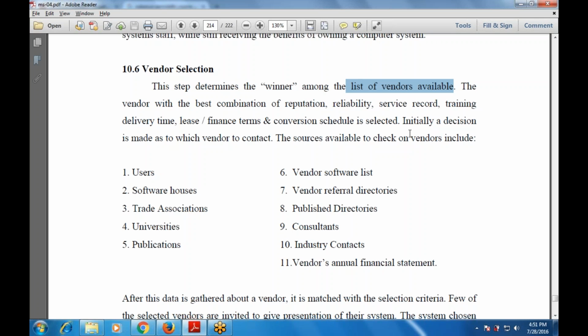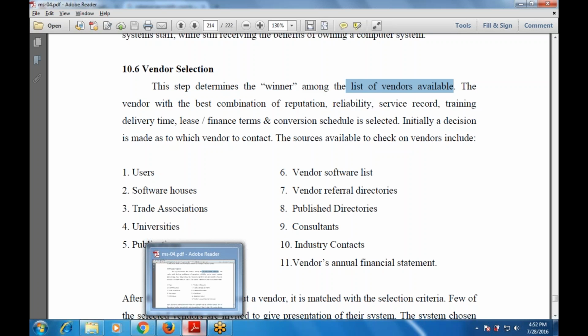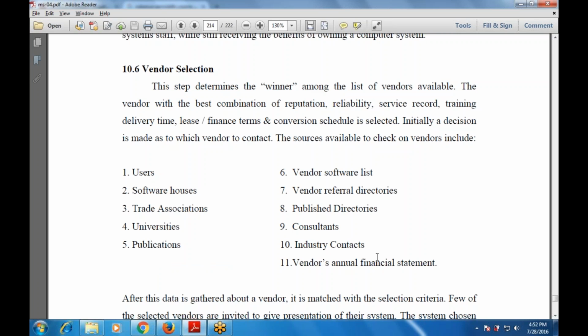Initially a decision is made as to which vendor to contact. The sources available to check on the vendors include users, application houses, trade associations, universities, publications, industry contacts, the vendor's annual financial statement, consultants, published directories, vendor referral directories, and vendor software lists.